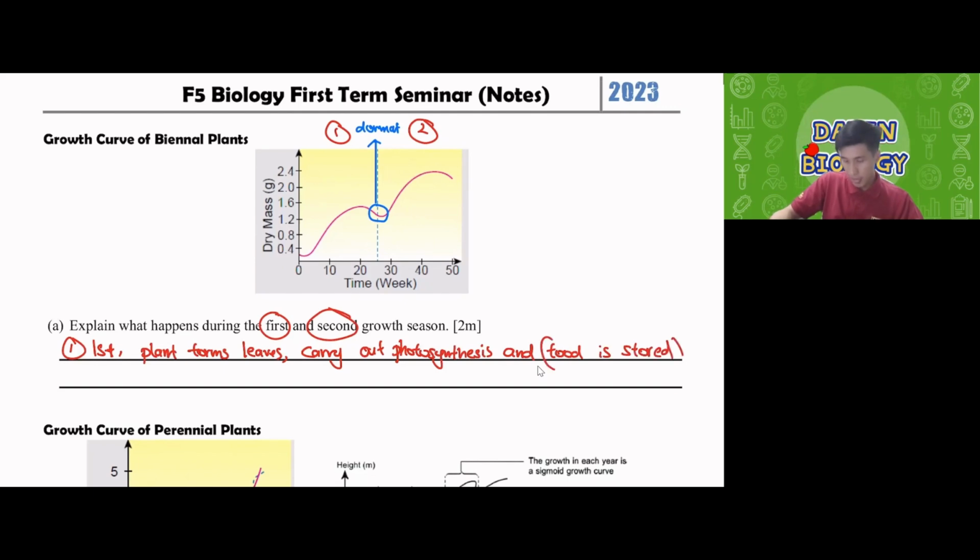Why is this one important? Because next year, they're going to use this stored food to produce reproductive organs or reproductive structures like fruit, flower, seeds. So second year, we write that the food stored is used to produce these three things: flower, fruits, seeds.